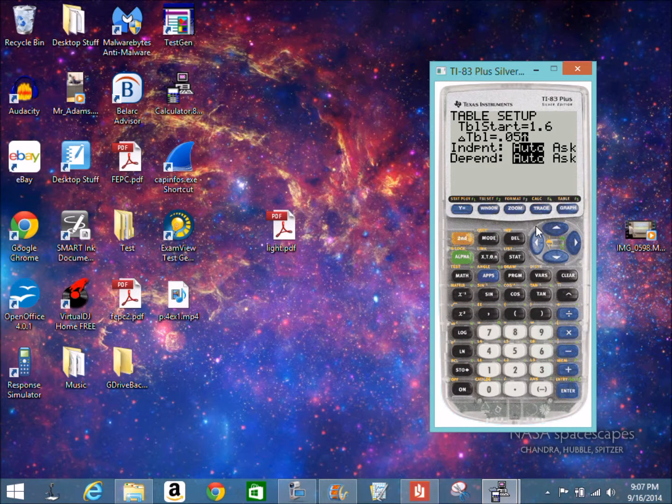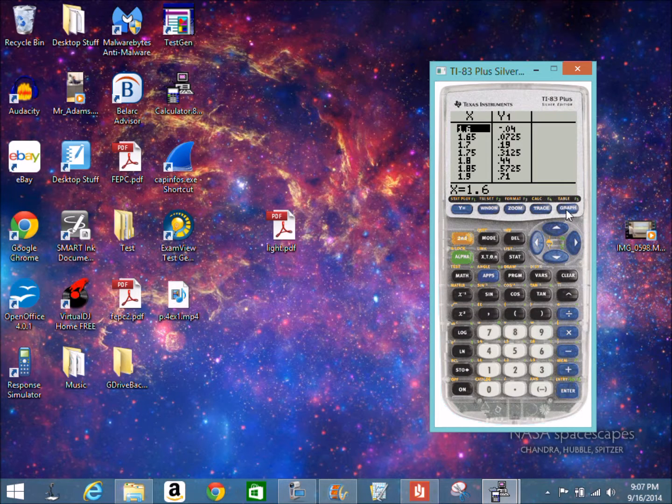So when I hit second graph, you notice that looking at the graph first really helped out. When my x value is 1.6, my y value is negative 0.04. Now what we're looking for is when y equals 0.